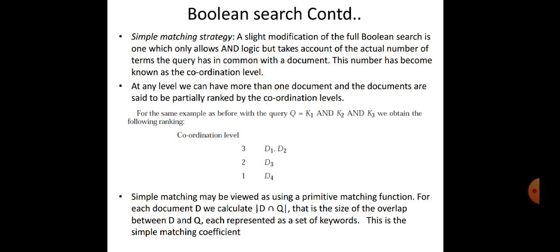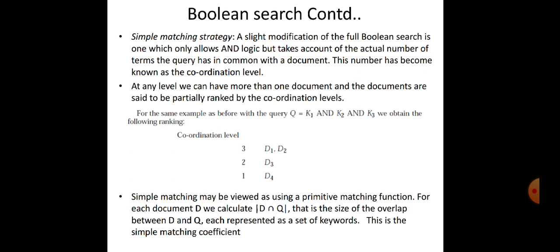Coordination level 1 means the query has one term in common with document D4. Coordination level 2 means two terms are in common with document D3. Coordination level 3 means three terms in common with D1 and D2.